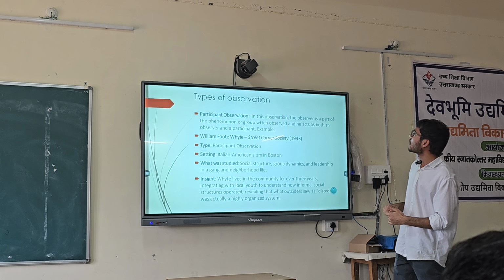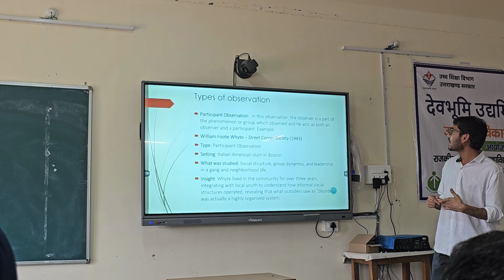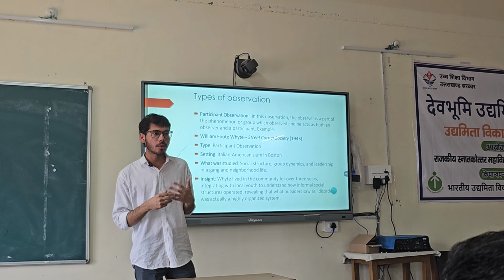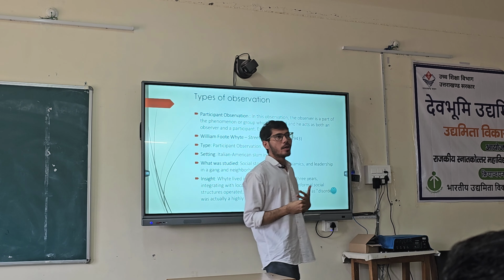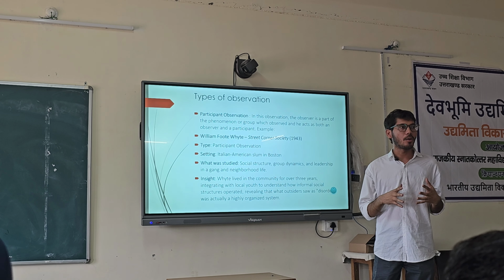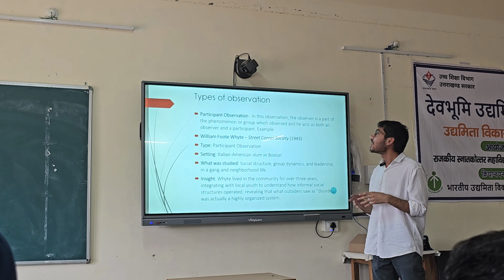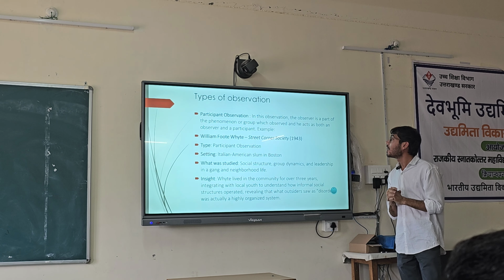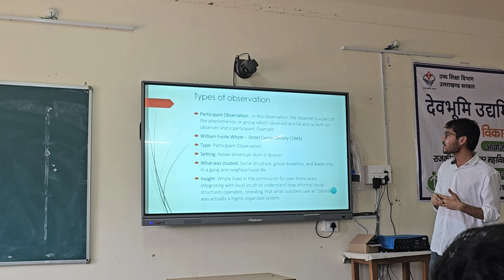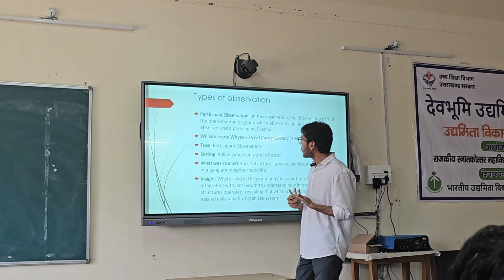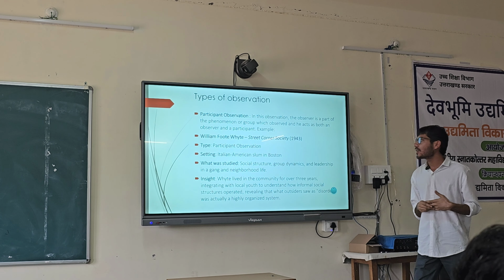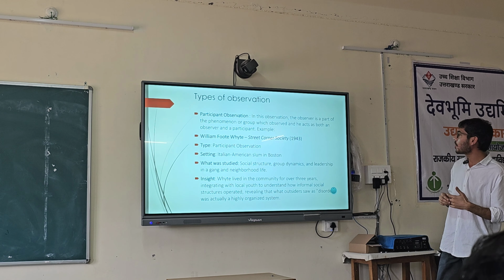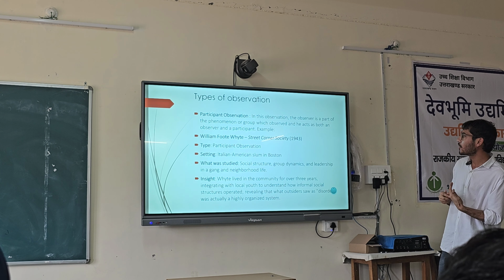Now types. So participant observation is basically when you become part of the community wherever you are following this method. You become part of the community or the phenomena or the group wherever you are conducting your study. So I have added the example of William Foote Whyte. He wrote this book called Street Corner Society, in which he does a participant observation in an Italian American slum in Boston. What he observes is social structure, group dynamics and leadership in a gang and neighborhood life.